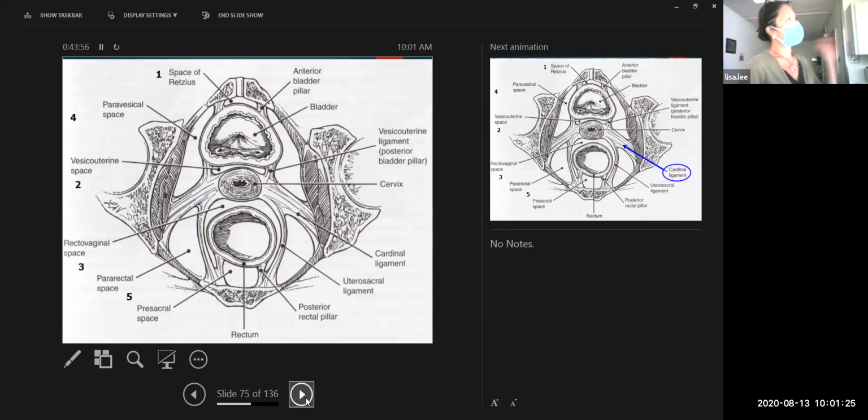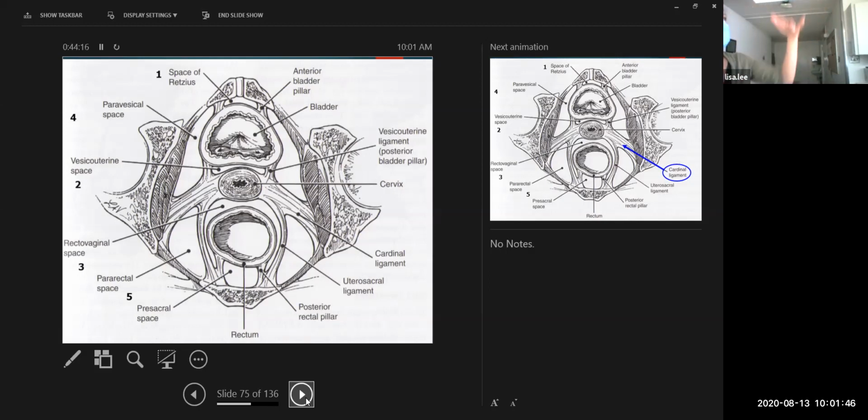It has the anterior bladder pillar anteriorly as a border, the cardinal ligament posteriorly, and also your posterior bladder pillars. Para, by the vesicle, the bladder.